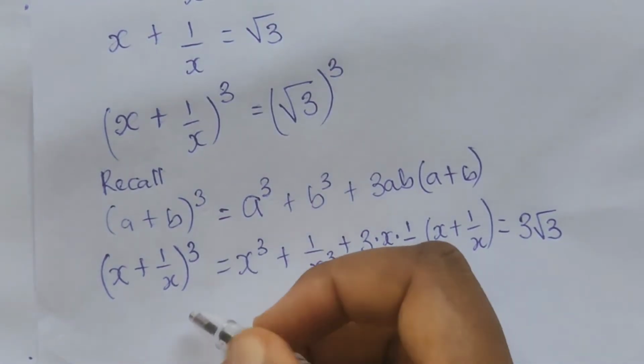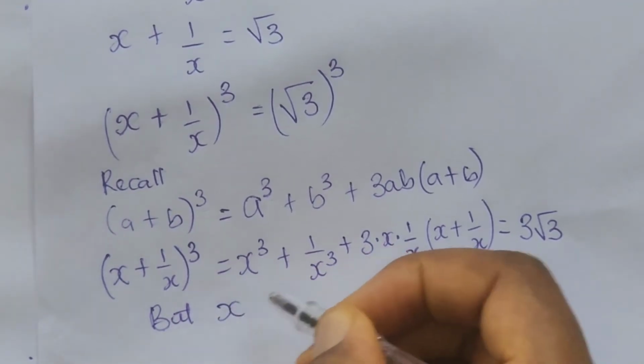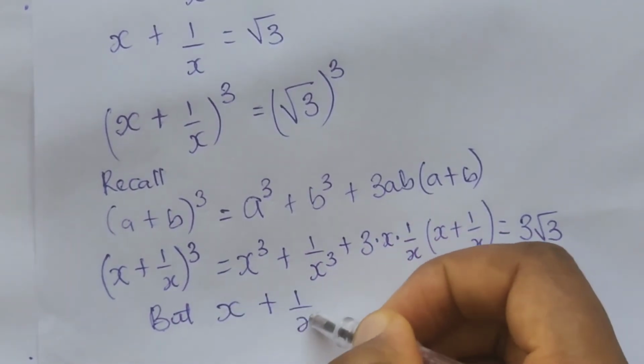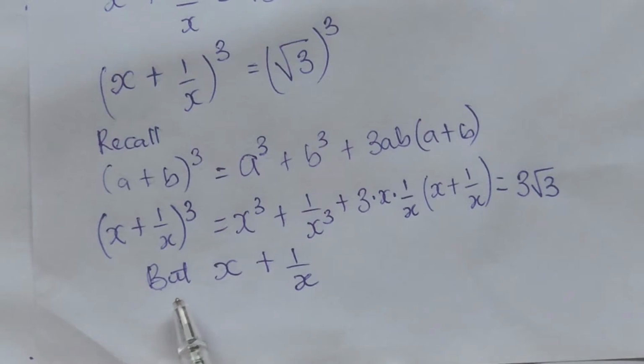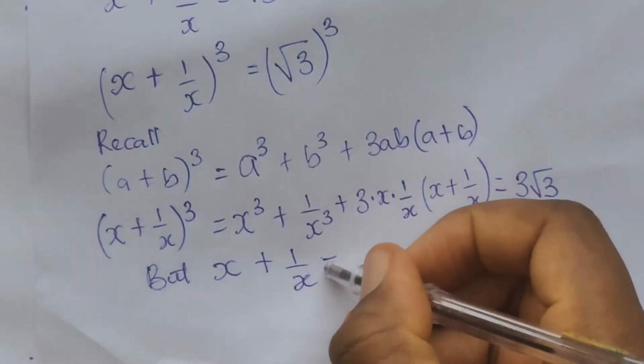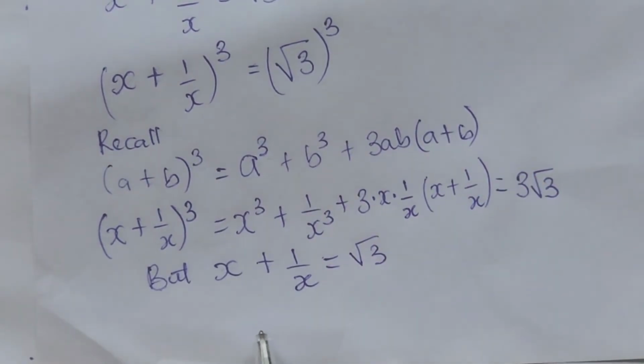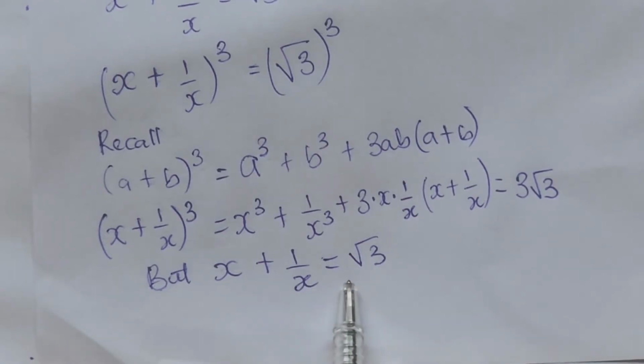But from the first equation given to us, we have that x plus 1 over x is equal to root 3. So wherever we see x plus 1 over x, we'll replace it with root 3.